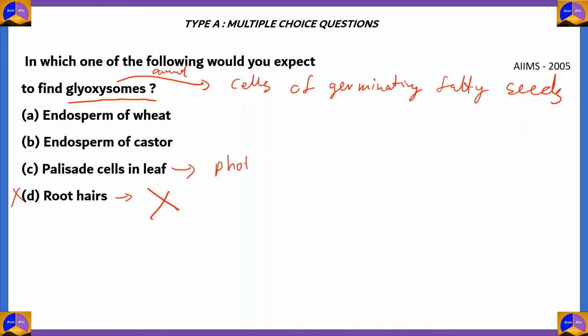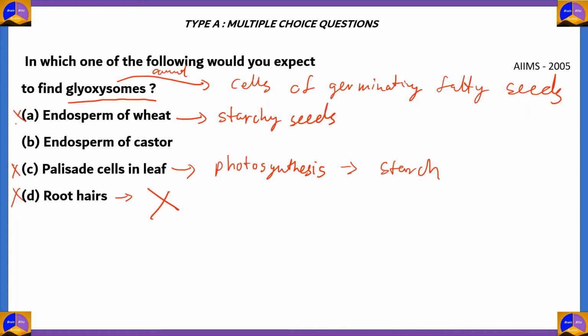These are used for photosynthesis in the leaves, which then produces starch. Therefore, option C is also incorrect. What about option A, endosperm of wheat? Wheat is a starchy seed. That's why it is used as a staple crop.